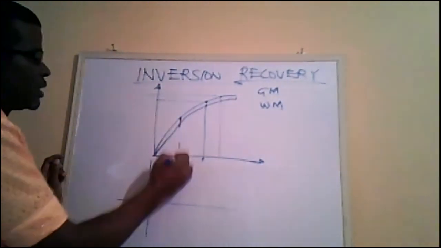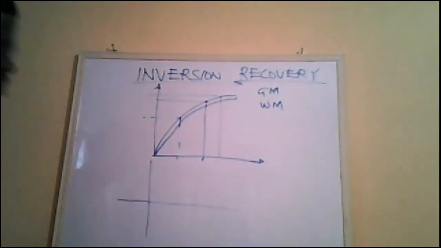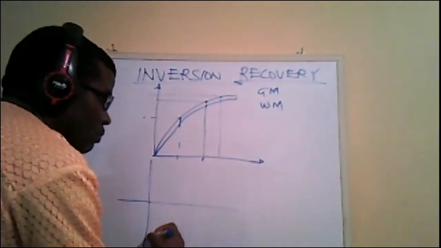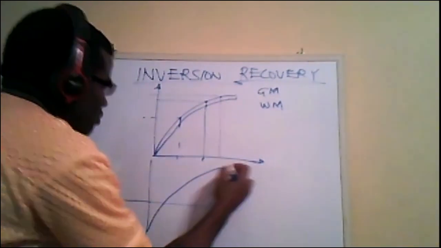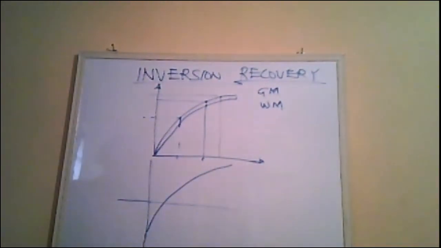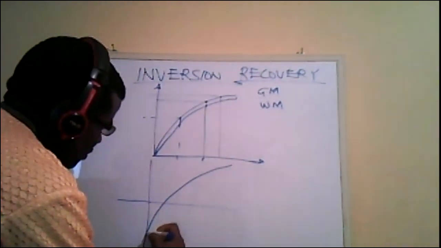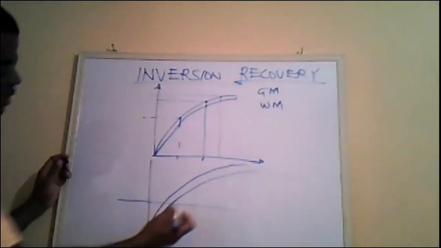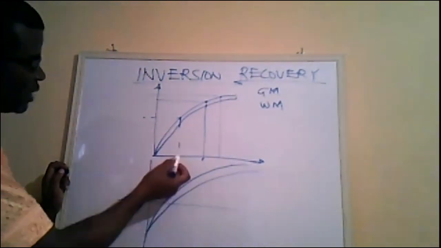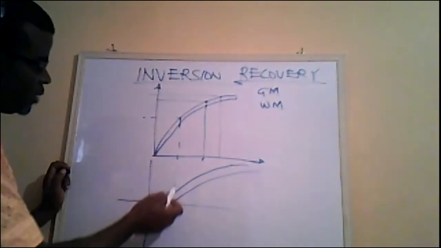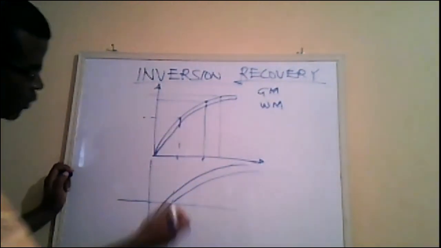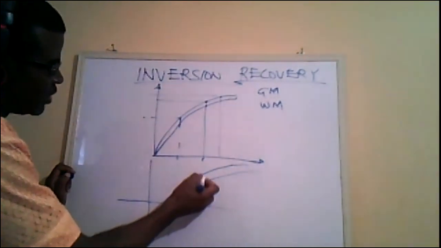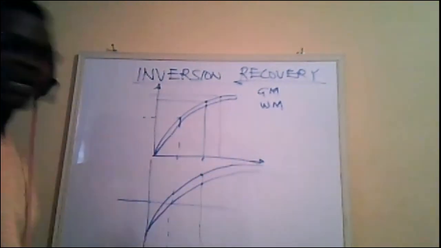But if we now use inversion recovery, however we look at it, maybe at this same point we now apply a 90-degree pulse, we are going to have a greater contrast between the white matter and the gray matter.